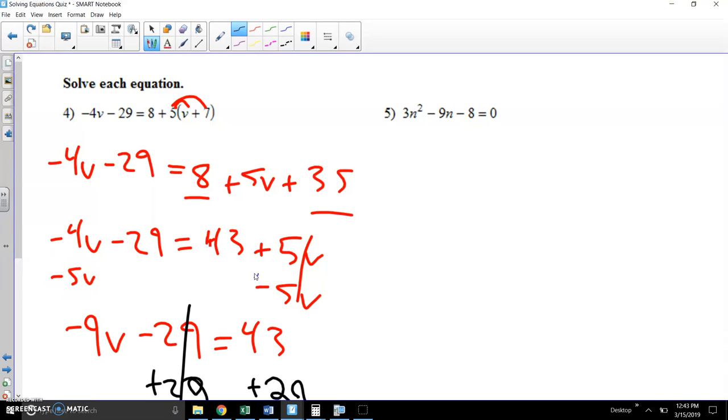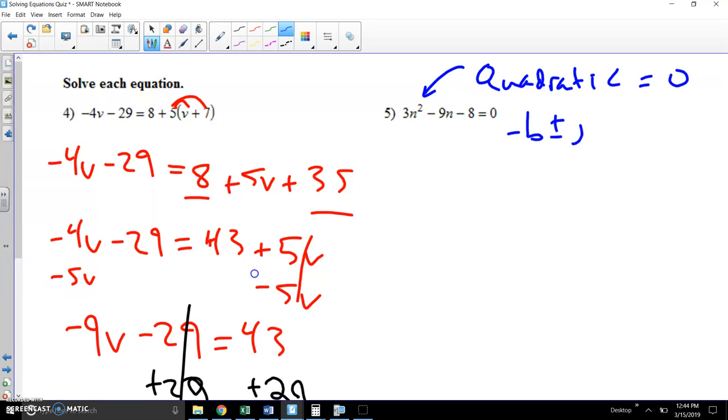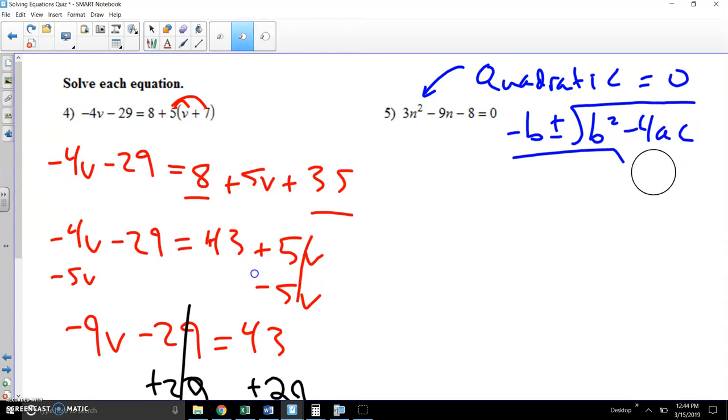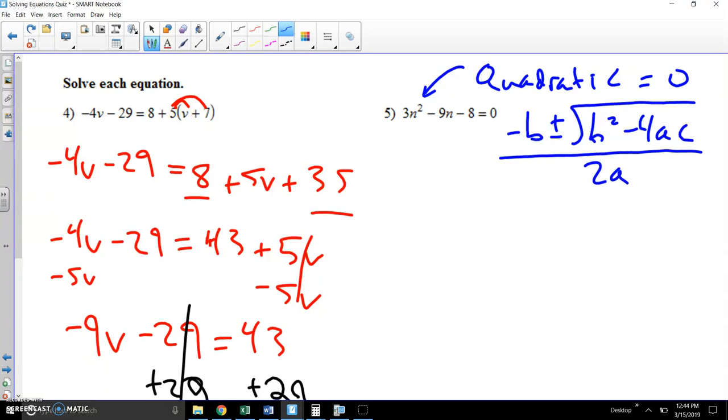The last one is quadratic. When you see that quadratic term, you have to use the quadratic formula as long as it equals 0, which it does. So I'm going to use this formula to solve it. And so it looks like A is 3, B is negative 9, and C is negative 8.